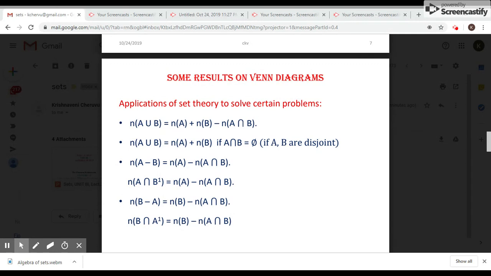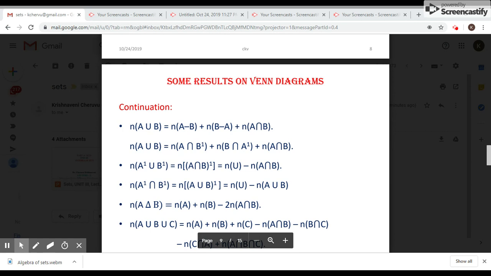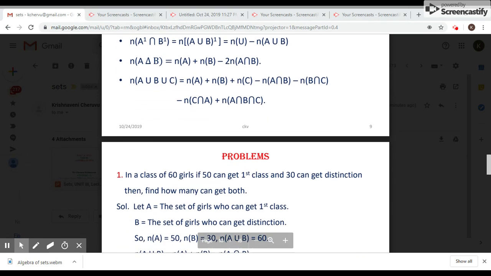This is the number of elements of A minus B. This is the number of elements of B minus A. These are various other formulas which can be used to solve certain problems.